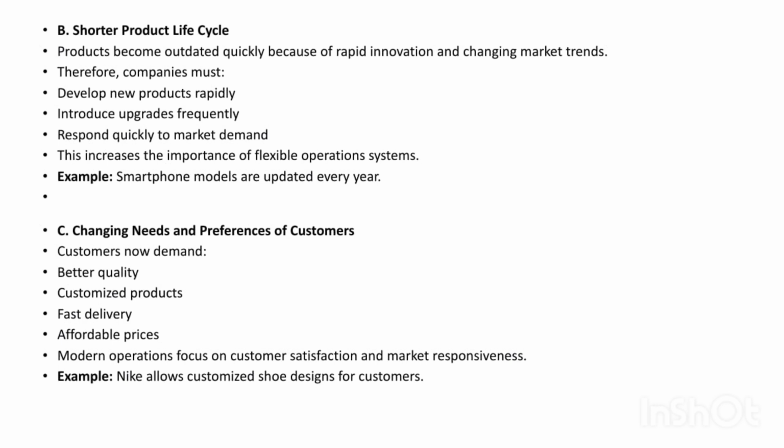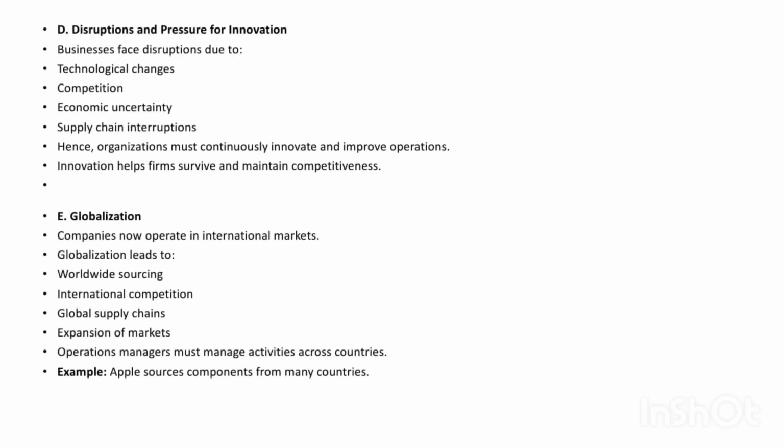Now, let's move on to the next topic, that is disruption and pressure for innovation. The business faces disruptions due to technological changes or competition or economic uncertainty, that is inflation or recession, and supply chain interruptions like COVID, the Red Sea crisis, and hence the organizations must continuously innovate and improve operations.